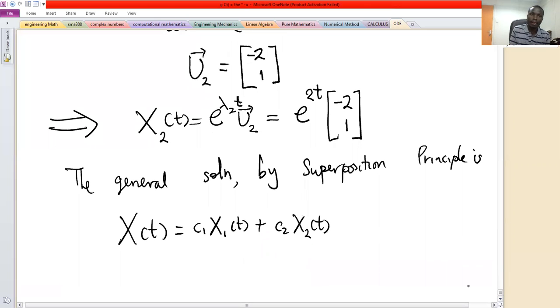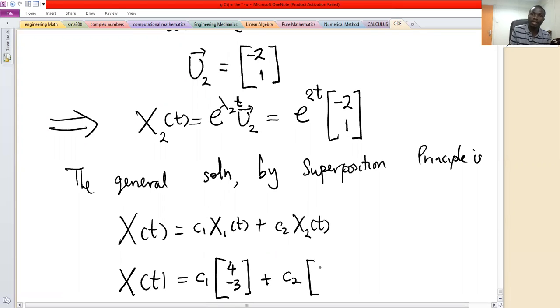i.e. x of t is c1, and then the solution for x1 from our calculation was given by 4, minus 3, plus c2, this is our x2, we write it as minus 2, 1, and then e raised power 2t.